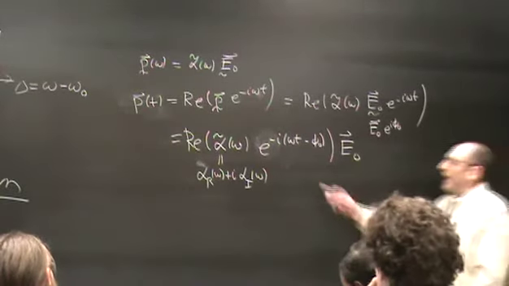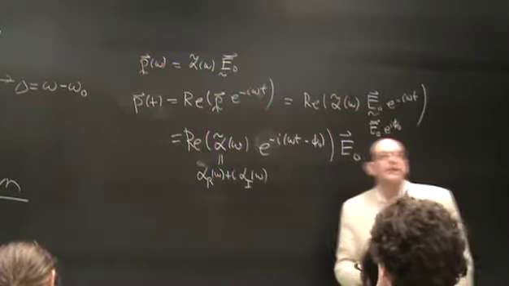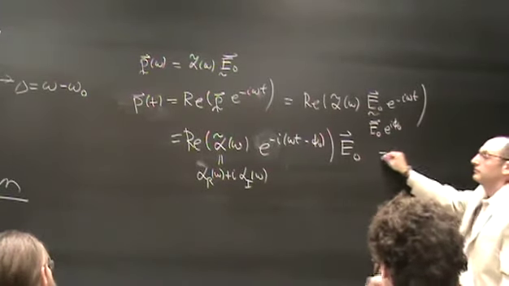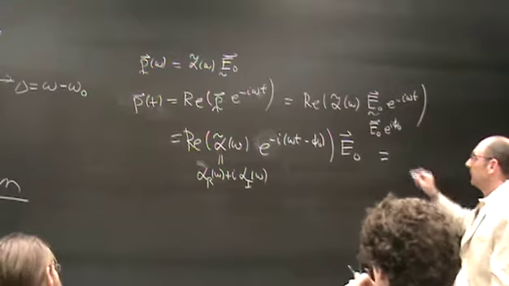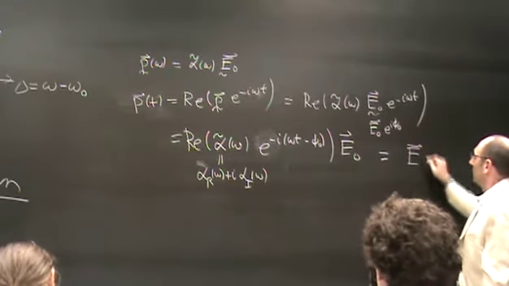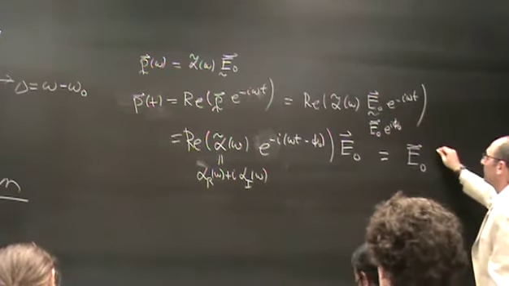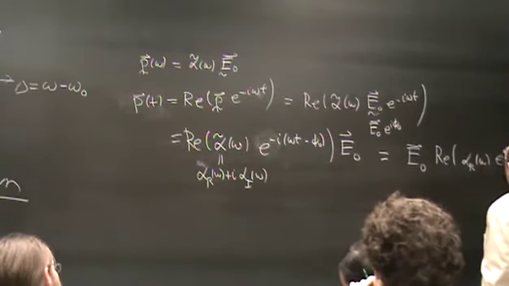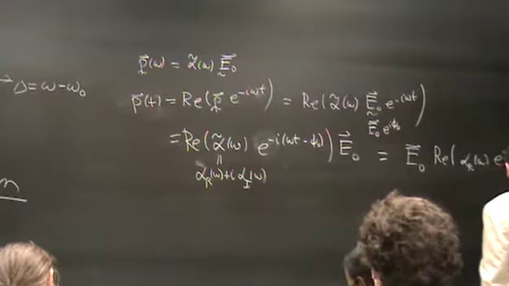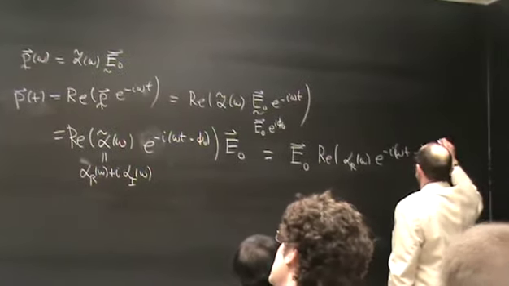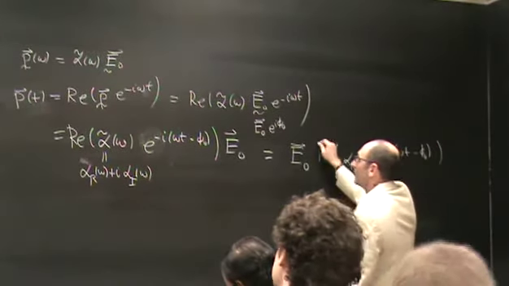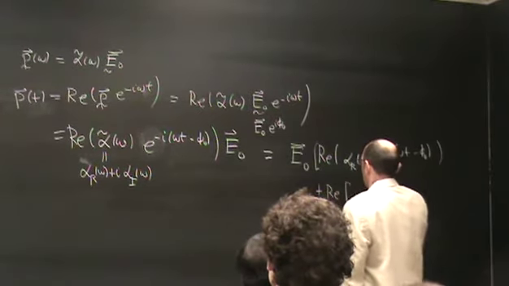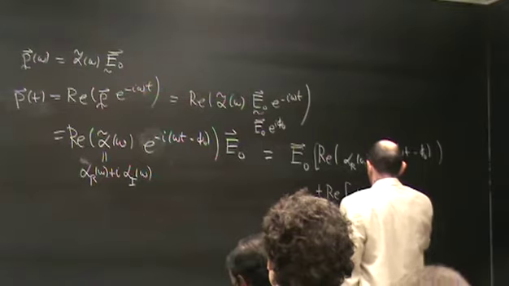When I multiply alpha twiddle times e to the minus I omega t, what do I get? I get E0 times the real part plus the real part of I times imaginary.